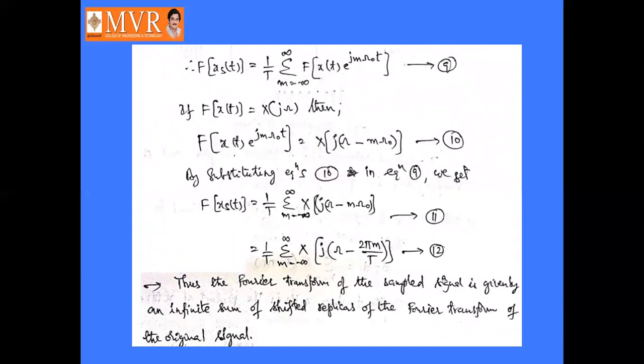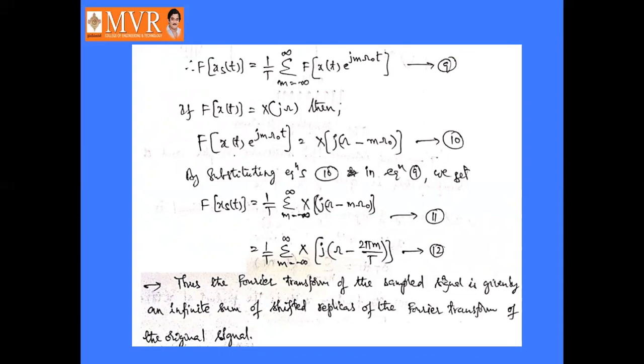So therefore the Fourier transform of xs(t) is equal to 1/T Σ from m = -∞ to ∞ of the Fourier transform of x(t) e^(jmω0t). That is equation number 9. If the Fourier transform of x(t) is X(jω), then the Fourier transform of x(t) e^(jmω0t) is X(j(ω - mω0)). That is equation number 10.